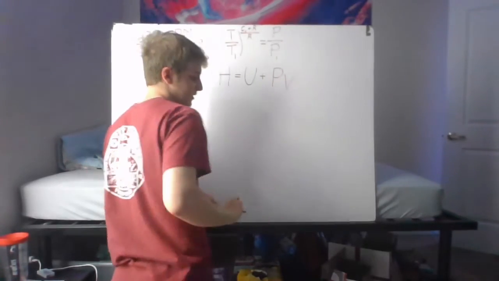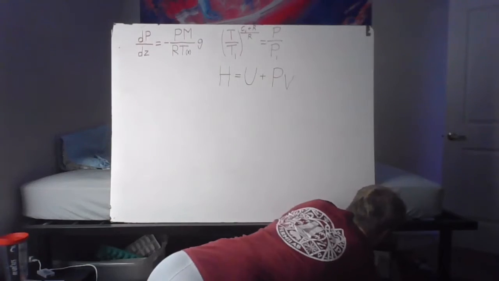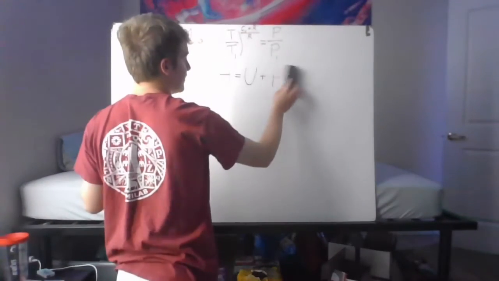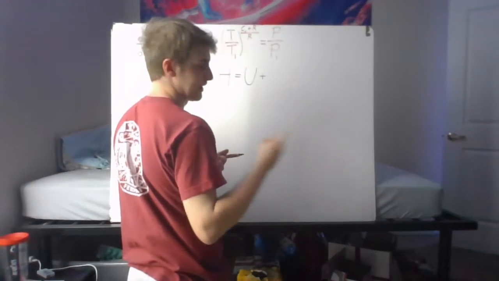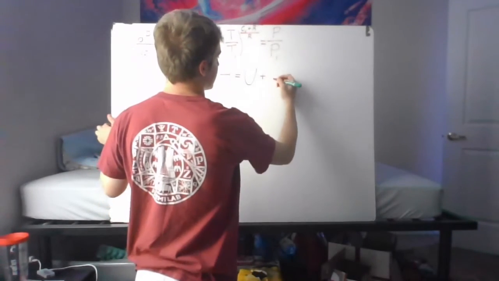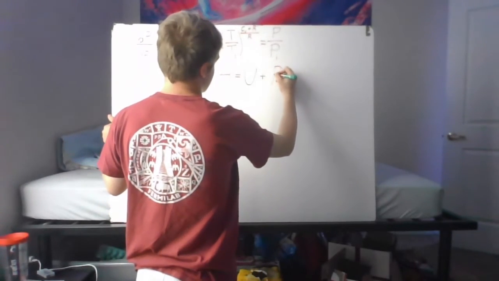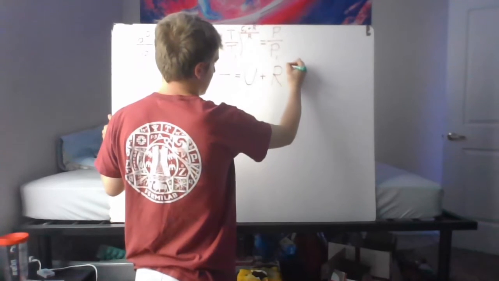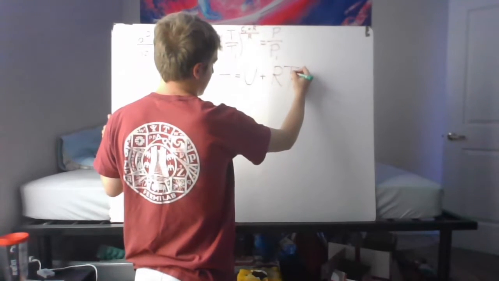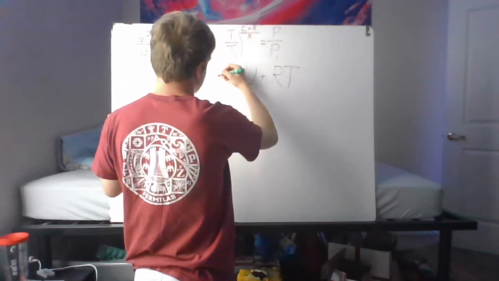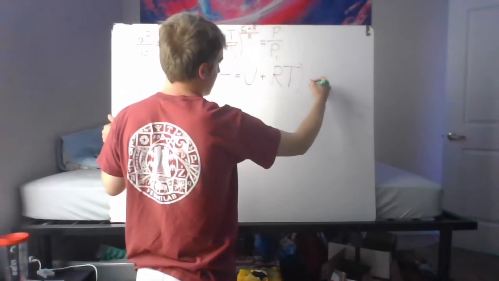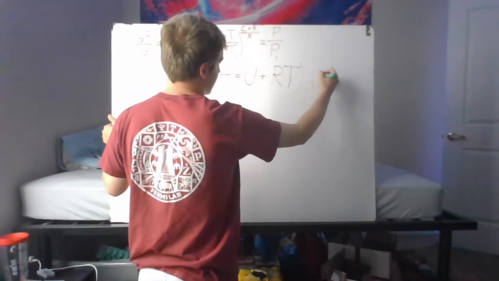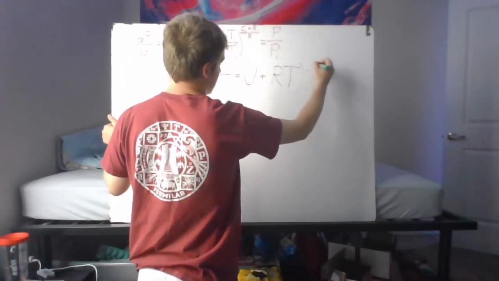But we can substitute this PV for RT because it's an ideal gas. PV equals RT. So RT. And then we're going to want to take this derivative with respect to T.